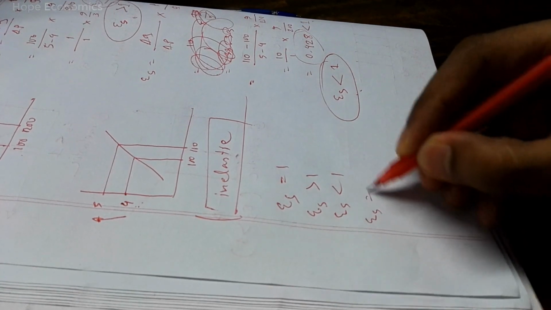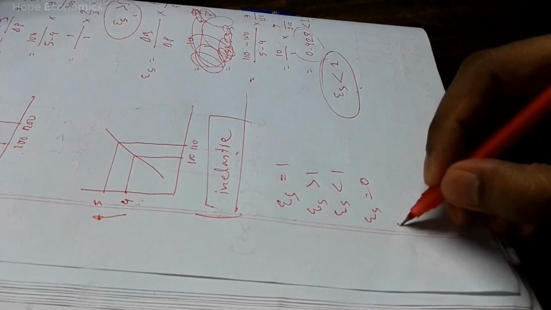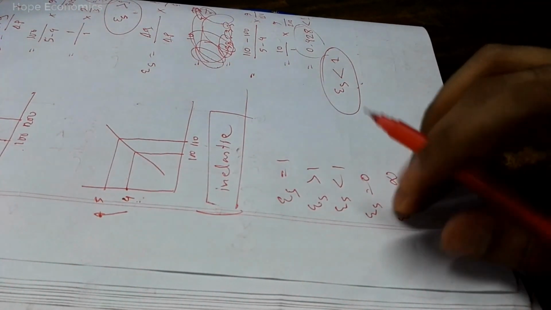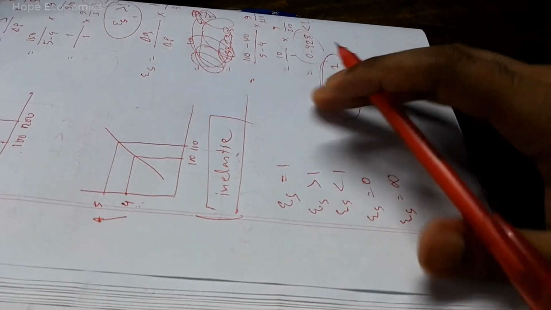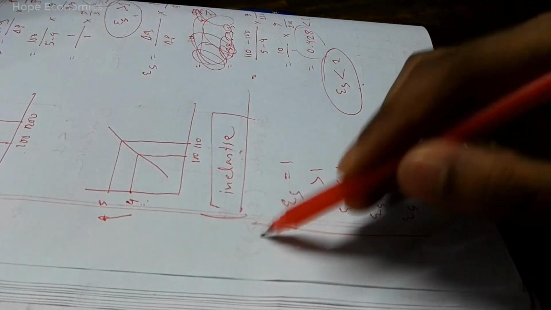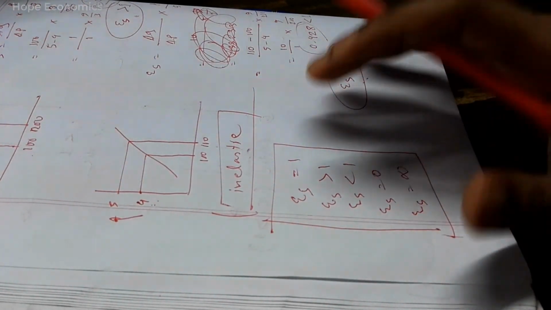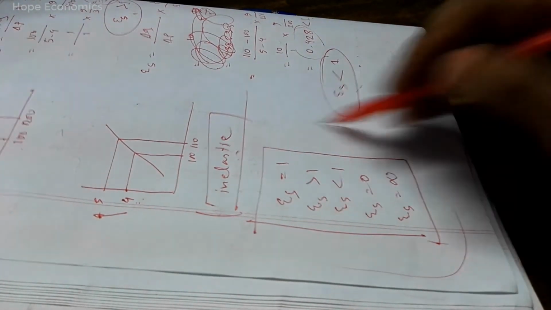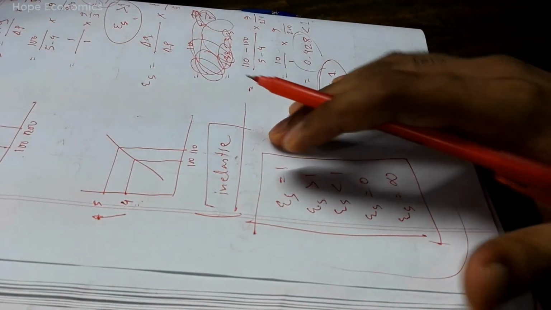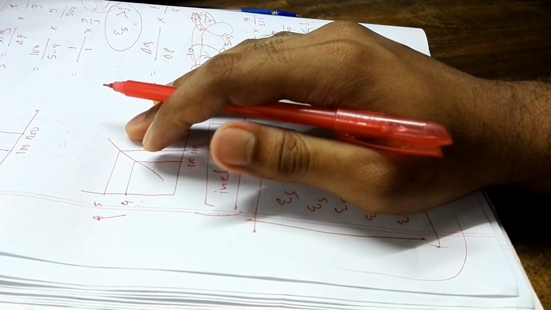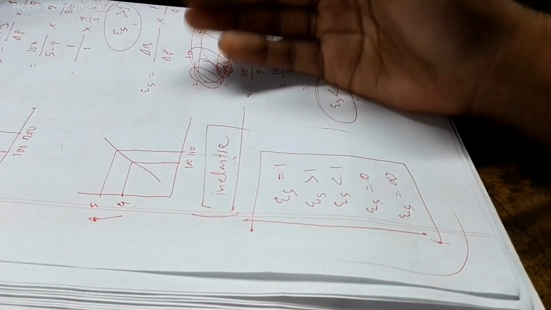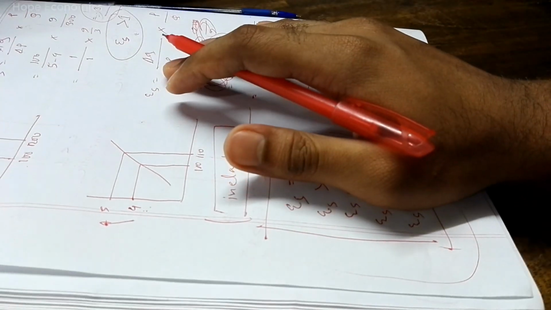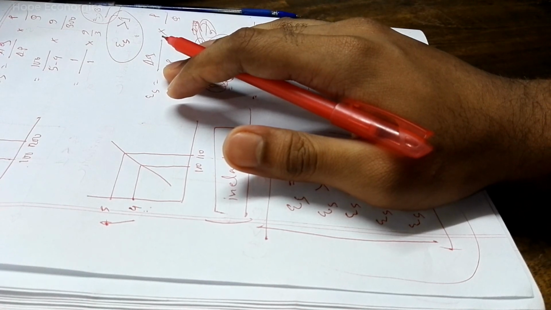If ES is equal to 0, it's perfectly inelastic. If ES is equal to infinity, it is perfectly elastic. After completing the math, we have to compare with these values to find out the nature of that supply product, or that demand product. So this was all about the price elasticity of demand and supply.